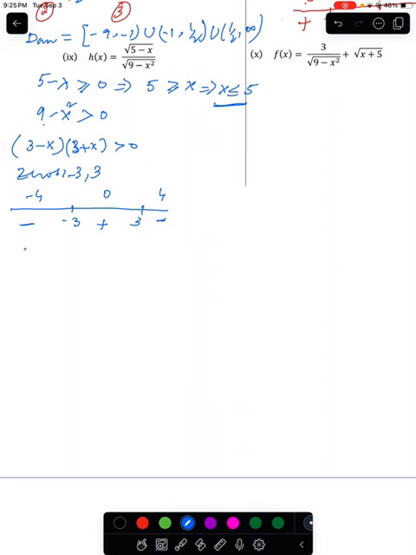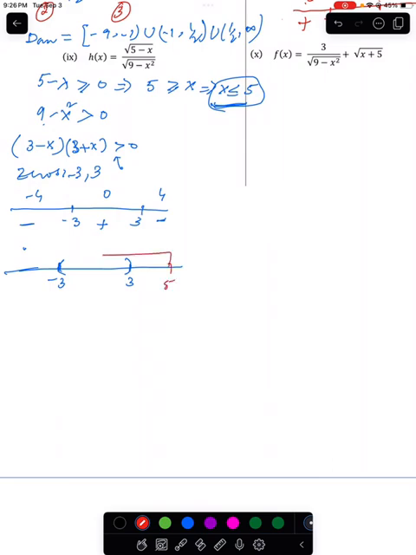So from here you can now draw the domains. For this one, my function values should stay between negative 3 and 3, with parentheses here, because negative 3 and 3 are not included, since we don't have the equal to sign. But now we look at this expression. This is saying all real numbers less than or equal to 5, which means 5 is somewhere here.